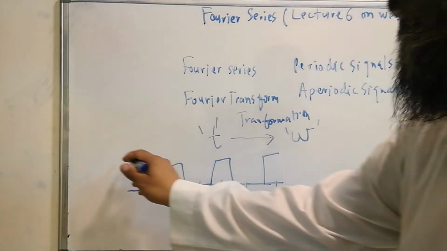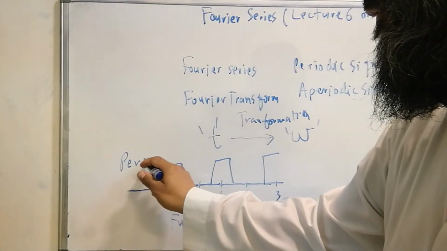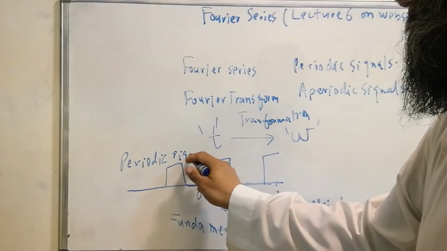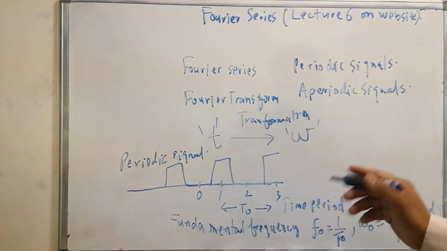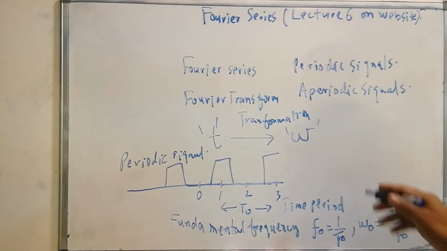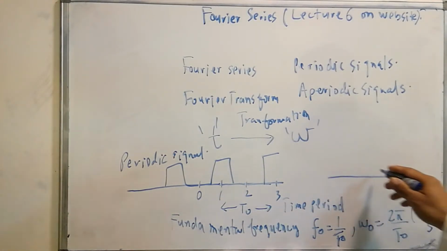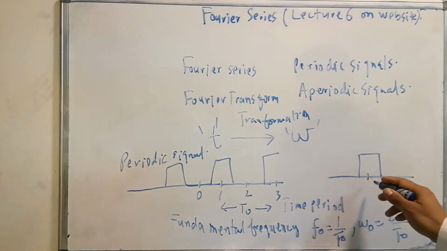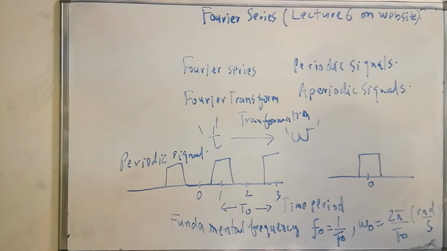So this is an example of a periodic signal. And an example of a non-repeating signal, or non-periodic or aperiodic signal, is just a rectangular pulse.